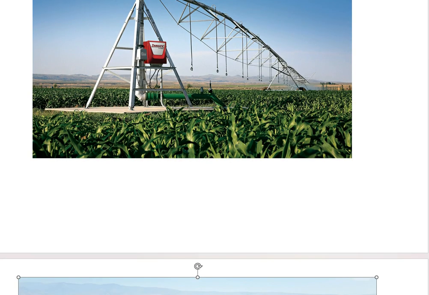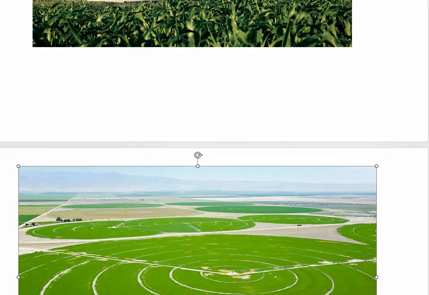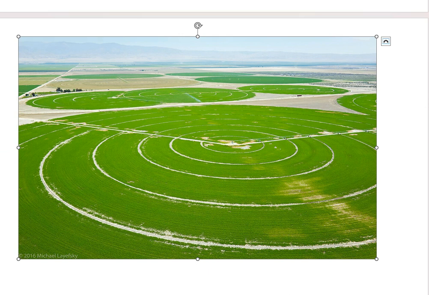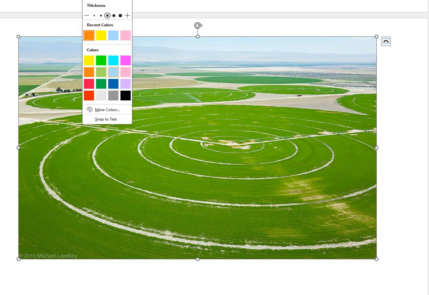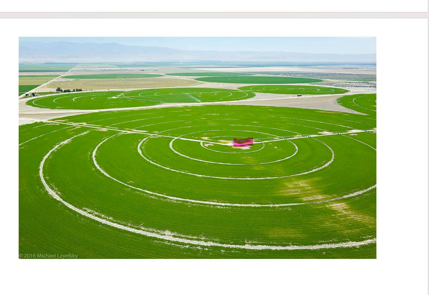I've got another picture. It's kind of zoomed out. Right here is that system, and as it spins around, you can see the main pivot point, and then this thing has wheels on it.